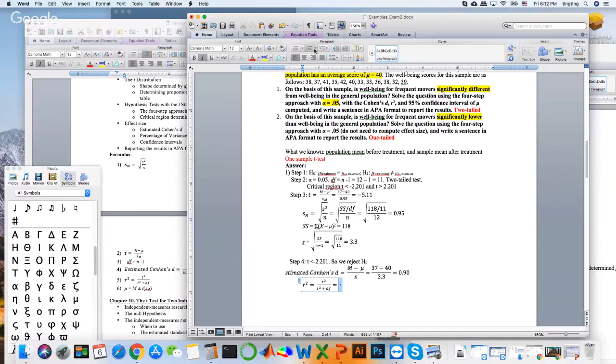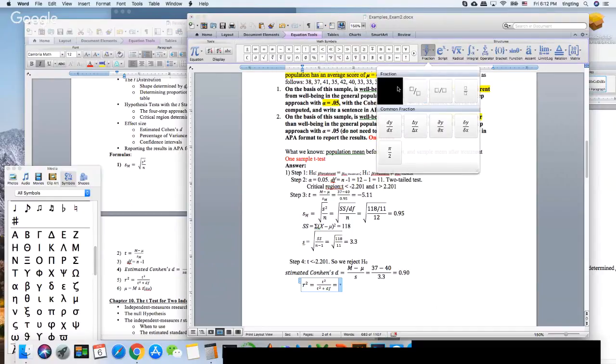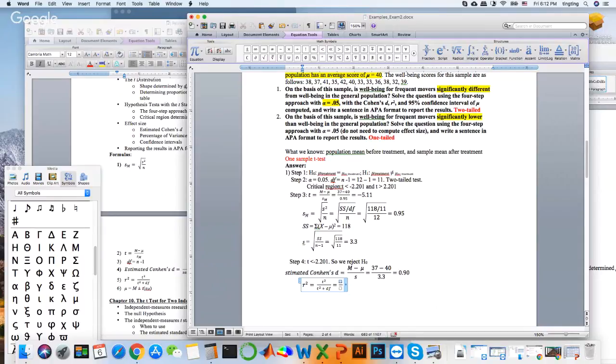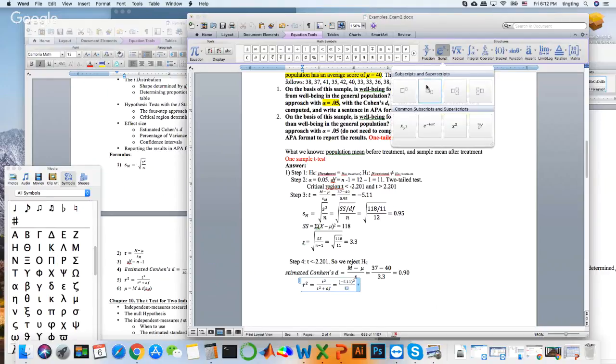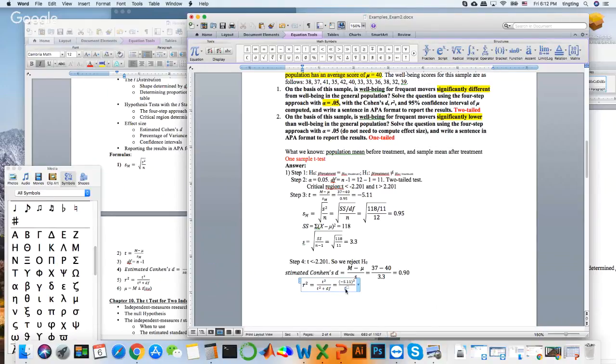So T we know, right? And then df we know. Just solve it. T equals to, here we know the T value, negative, square, plus 11.